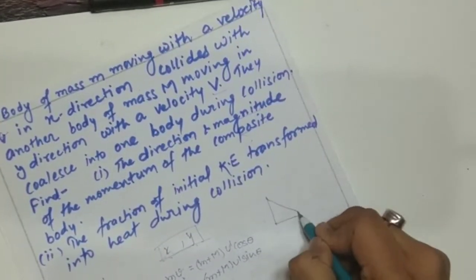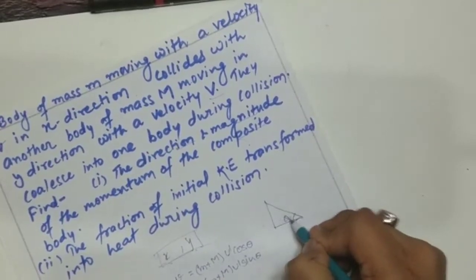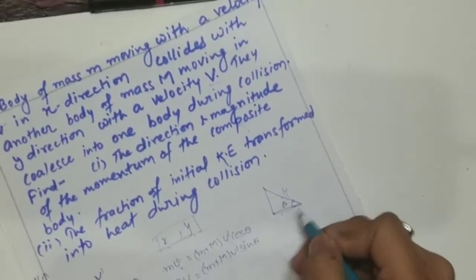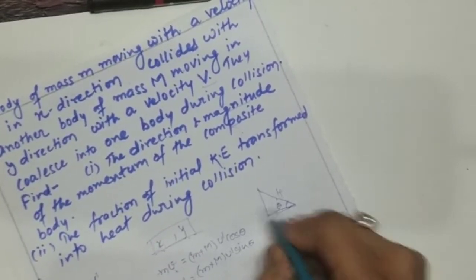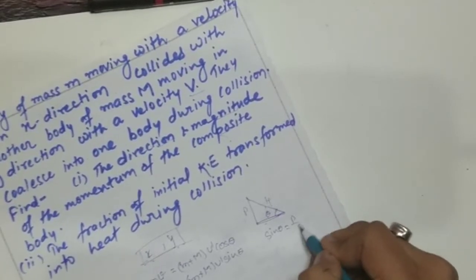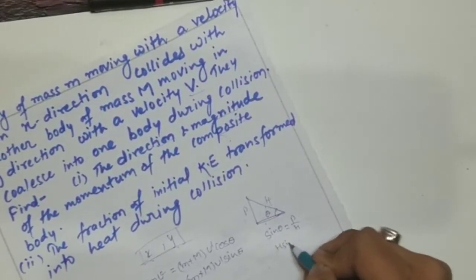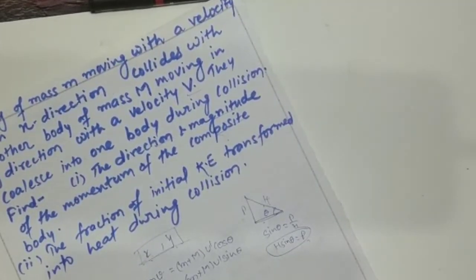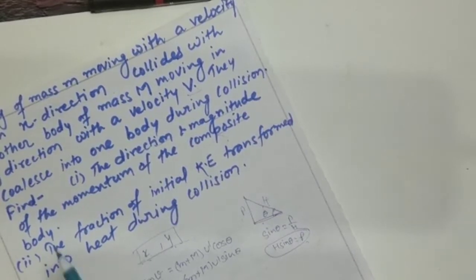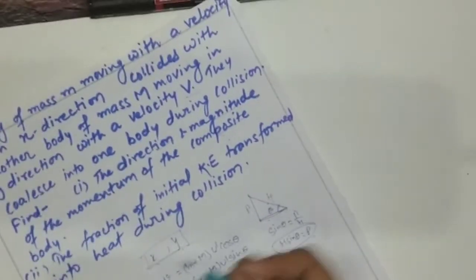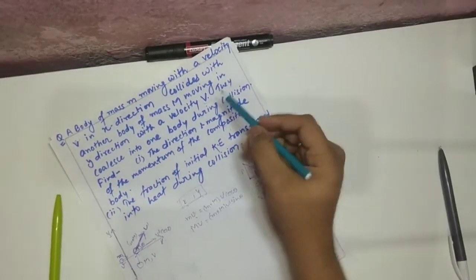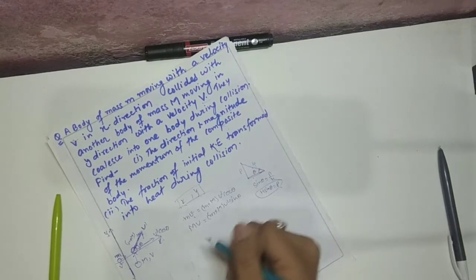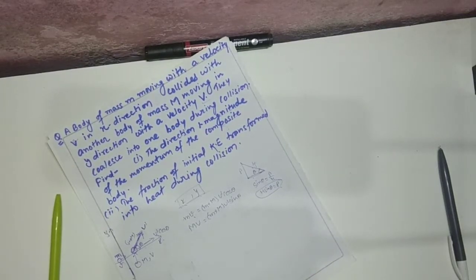It's nothing but general trigonometry: if this is the hypotenuse h, then sin theta is p by h, so we can write p as h sin theta. I have used this result to write the velocities in the x direction as well as the y direction. These are the two expressions we get when we apply momentum conservation in this question.